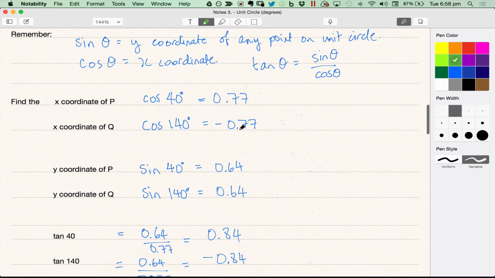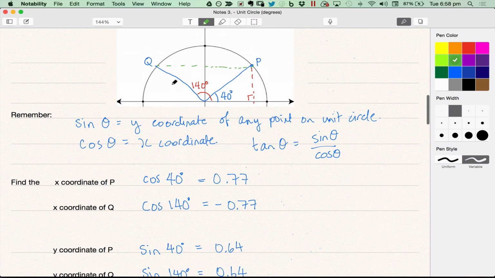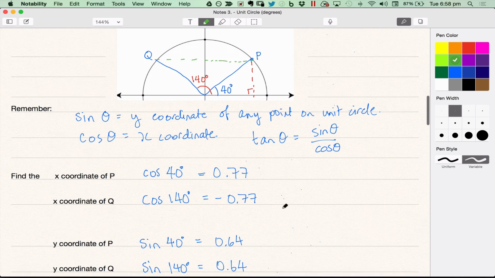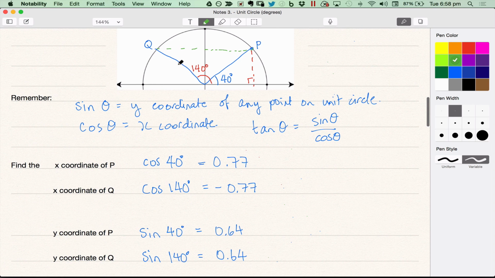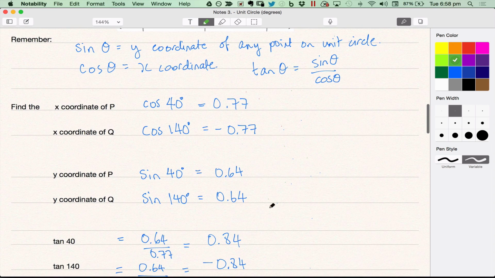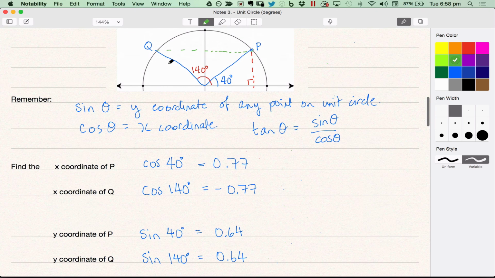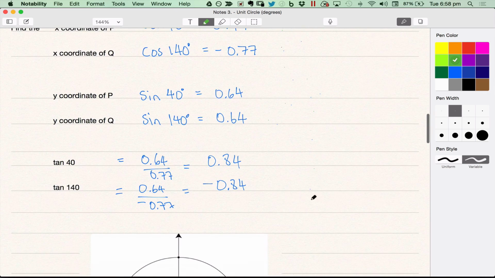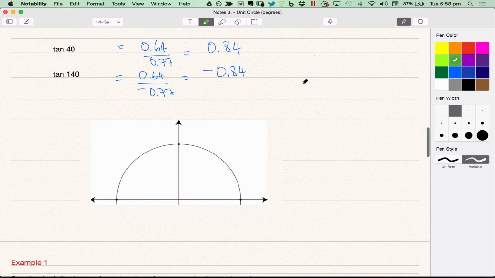But we have this slight difference: cos is negative for Q, the one in the second quadrant, but positive for P. Sine is positive for both of them. Tan is positive in the first quadrant, and negative in the second quadrant. This is one thing that you will need to remember.